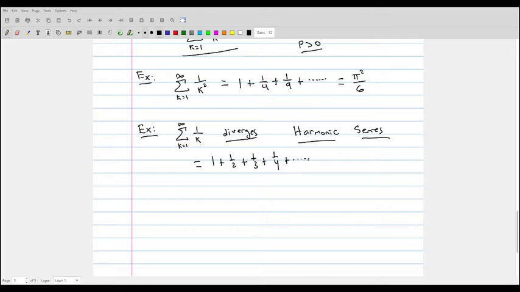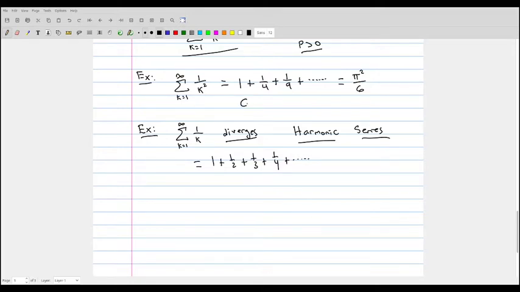So the main idea that we're seeing here is that for a series of a relatively simple form, we have very different possible cases. Whether it's going to converge or diverge depends heavily on how it's constructed.